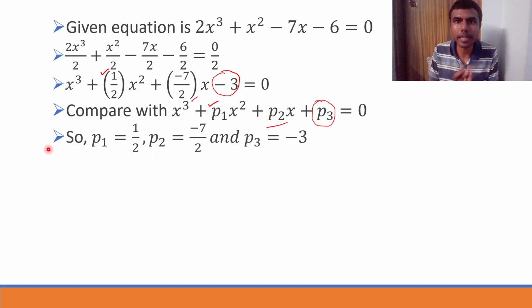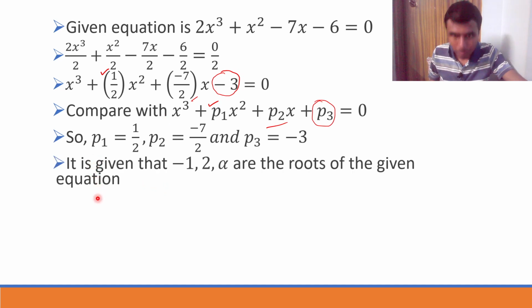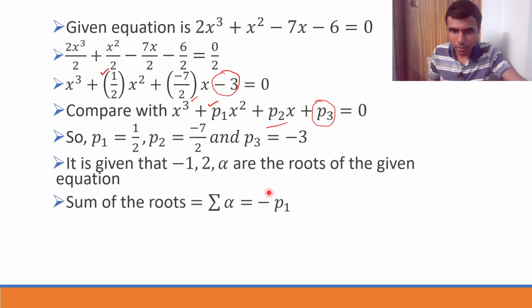Whenever we compare for this cubic equation, the sum of the roots is minus p1. Likewise, we are going to apply the same concept here. The sum of the roots is sigma alpha, which is just a notation to indicate the sum of roots, equal to minus p1.